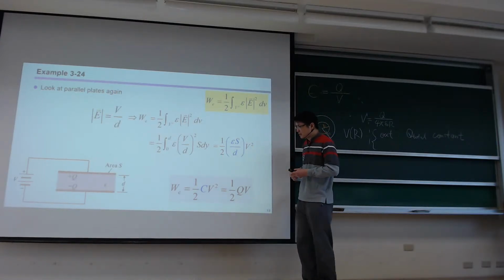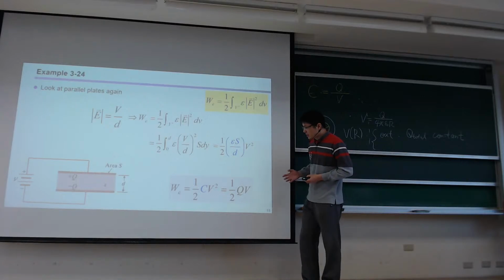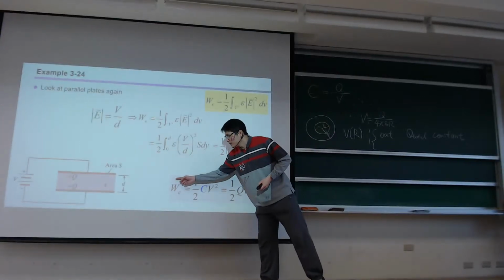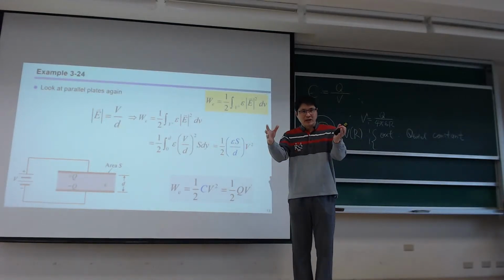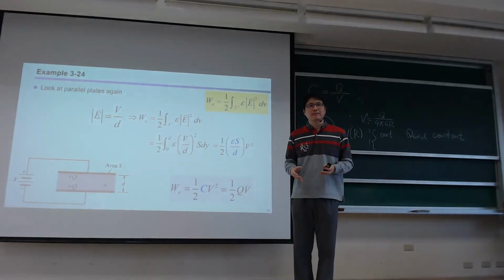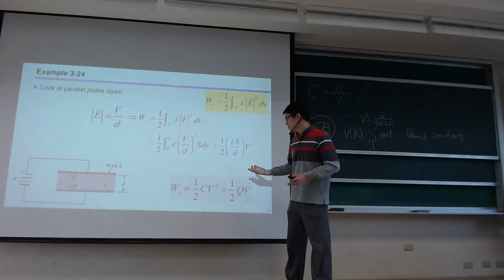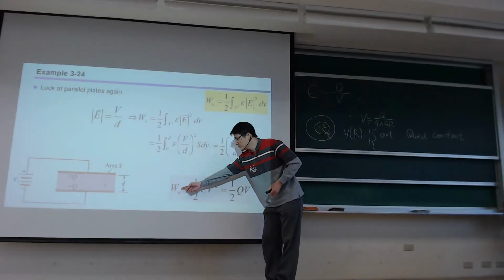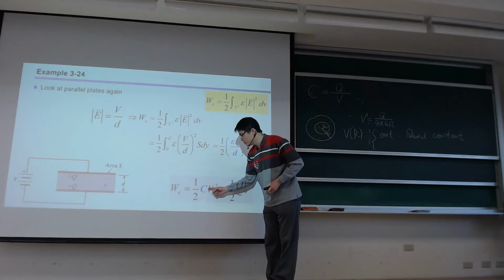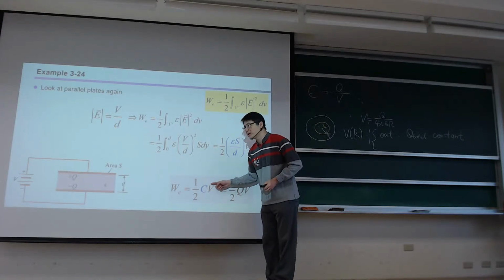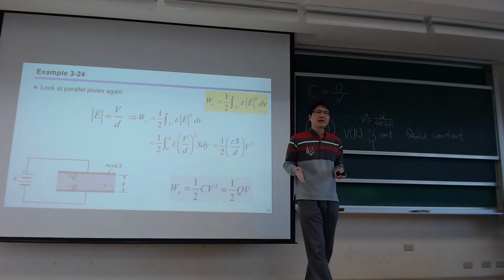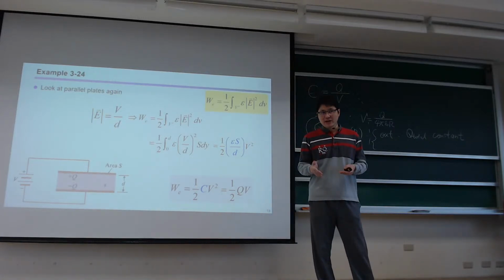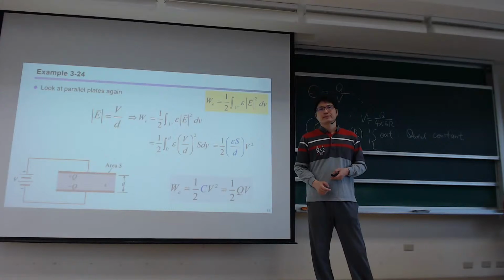So we can extend it. In the future, if we can calculate the energy stored in some device or space, then, since the energy is equal to 1 over 2 CV squared, we can deduce the corresponding capacitance value, right?